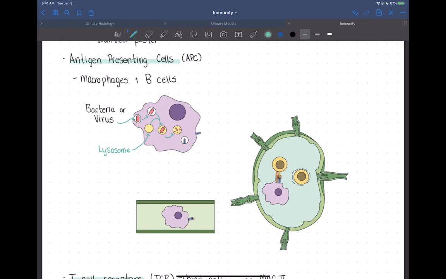And so then what that cell can do, this antigen presenting cell, is it can take a little piece of that pathogen, an antigen from it, and add it to an MHC2 protein.